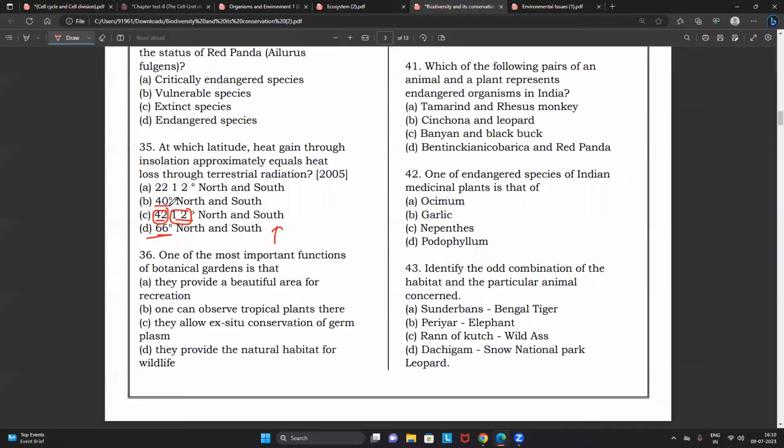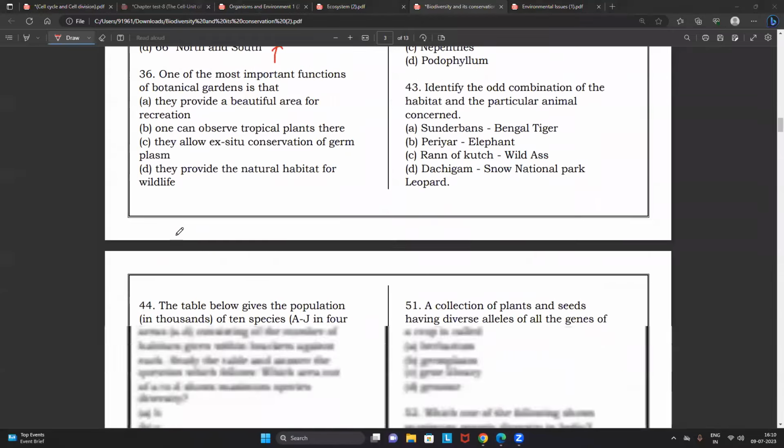So which is 40 degrees? Here heat gain is equal, heat loss is also equal. Here 22 is extra high temperature, 12 is low temperature. You're getting my point. So the answer will be B, 40 degrees north and south, where heat gain and heat loss are almost equal. No need to get confused with that.